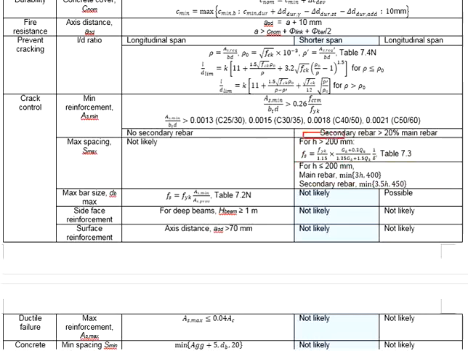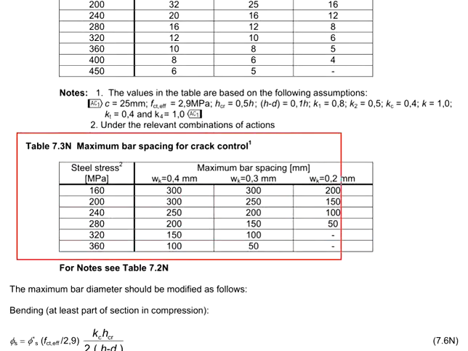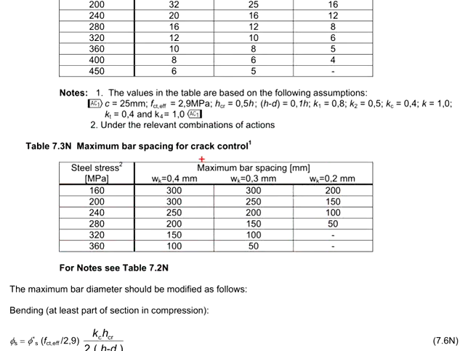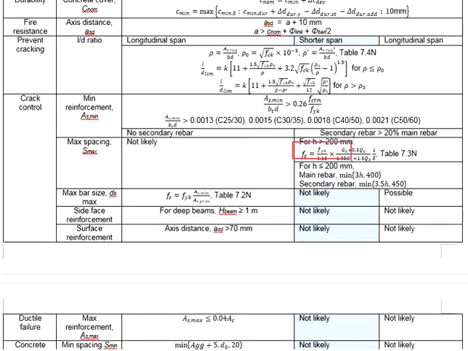If the thickness is more than 200 mm, you may use table 7.3N in Eurocode 2 to determine the maximum bar spacing. The maximum bar spacing is dependent on the stress in the tension reinforcement, where the stress can be calculated based on this formula in the functions of fyk, Gk, and Qk.